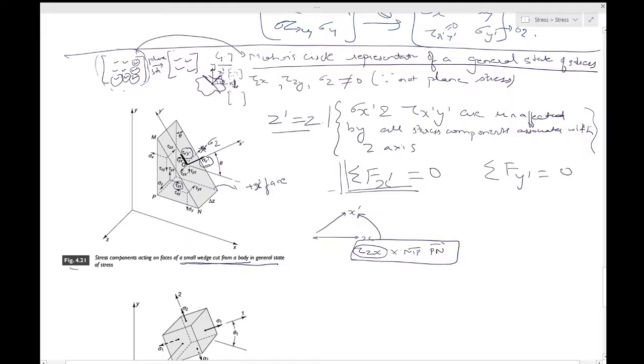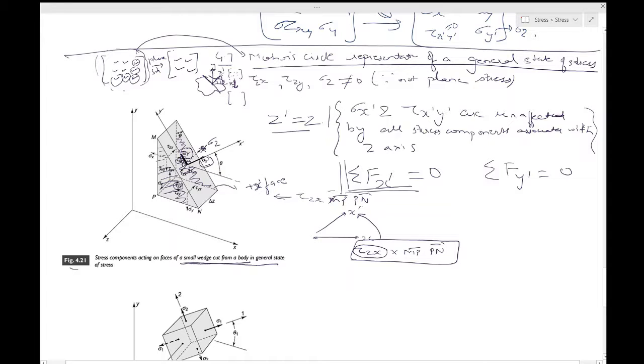Now this is one part of it. Let's look at the other force, tau zx over there. This one will have tau zx acting in this direction, and that will be multiplied by the area of this plane, which is the same as the area of this plane, so that would be tau zx multiplied by mp into pn.